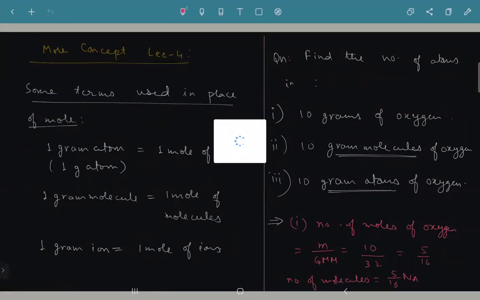The number of moles of oxygen is 5 by 16. Number of molecules is 5 by 16 Na.